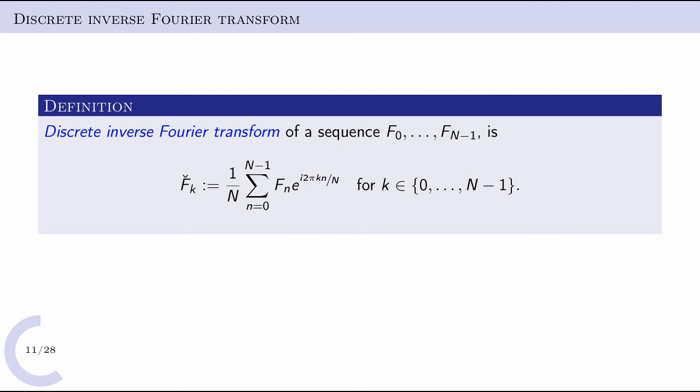In computational mathematics, especially in symbolic computations, we prefer to avoid the square roots or generally higher radicals as long as it's possible. So it's better to put 1 over n in the discrete Fourier transform than to put 1 over square root of n in both forward and inverse Fourier transform.